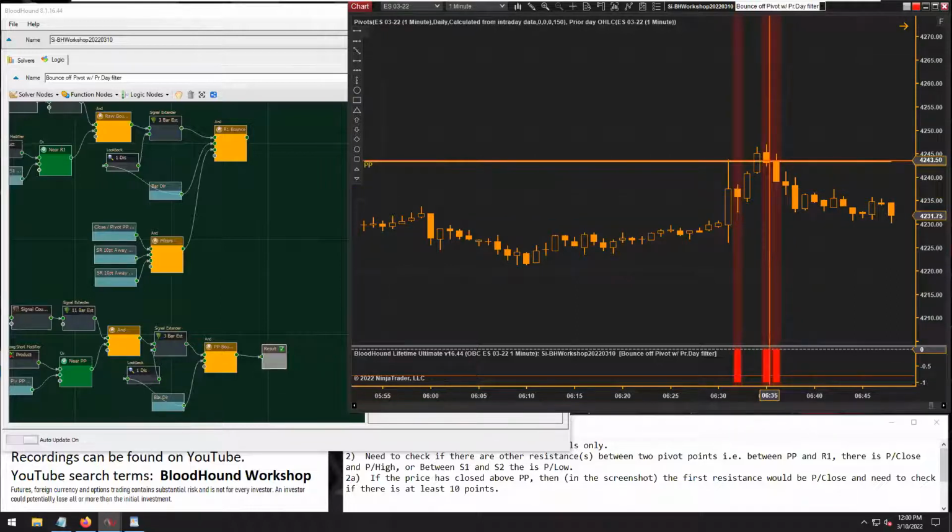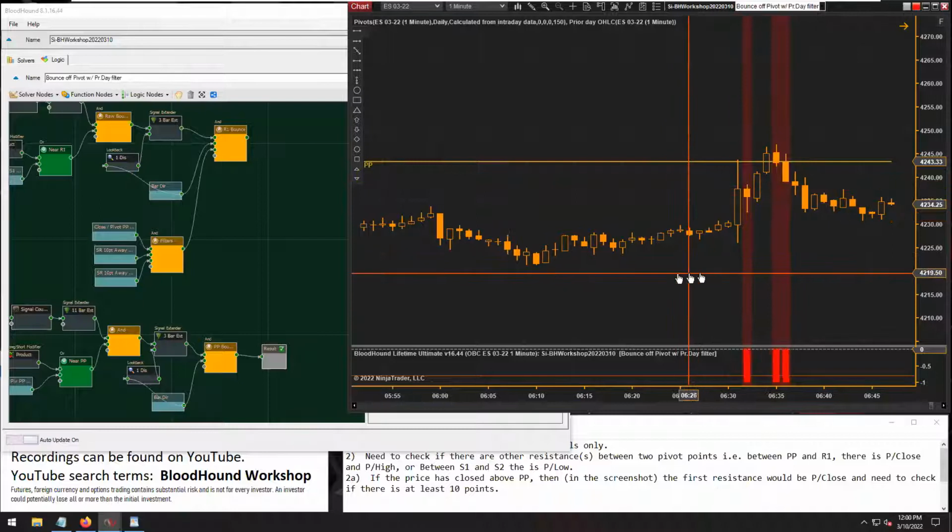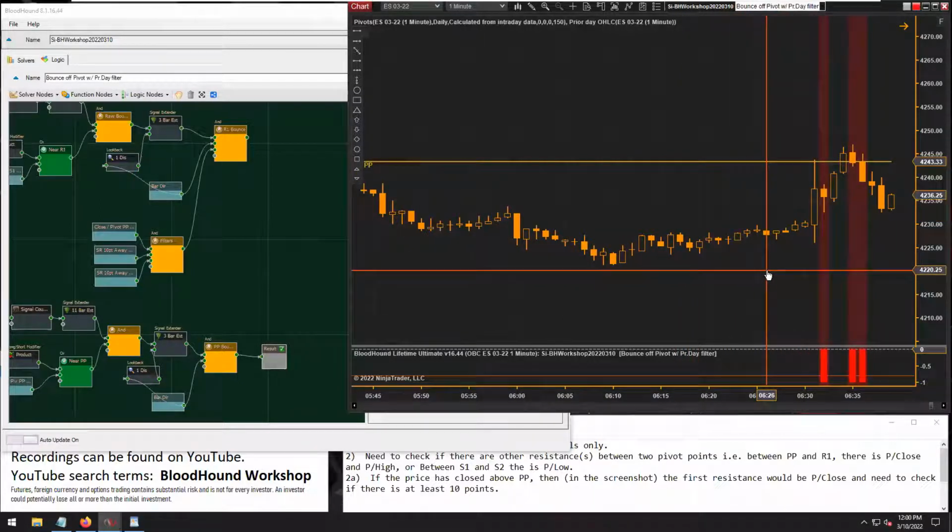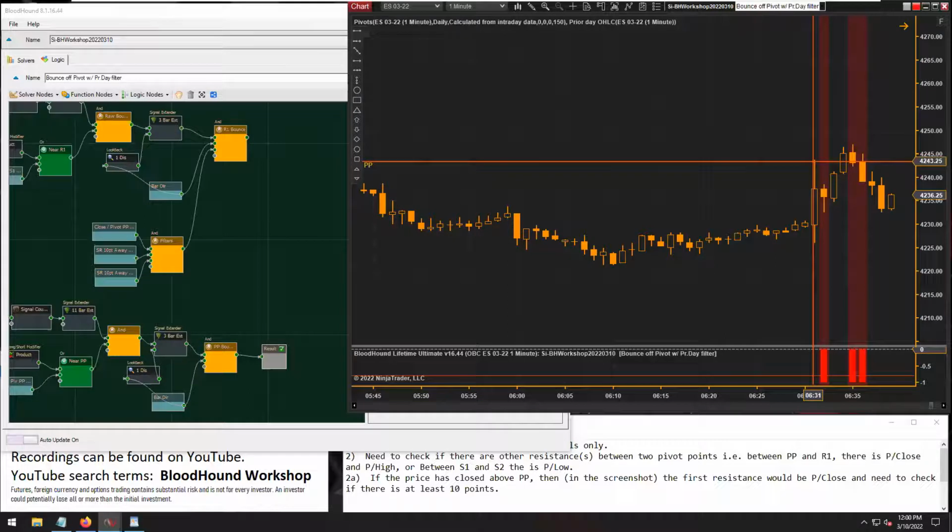So we have a bit of a messy signal there. So, right. So we get the bar touch, yeah, and then we get a down bar like so.